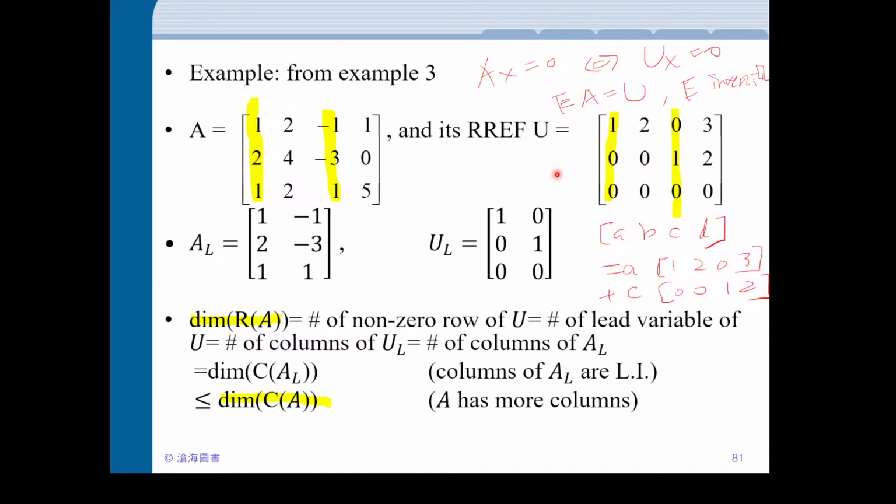So the number of lead variables is also equal to the number of columns of UL. Okay, because that's what we do. For every lead variable, we get a column from U. Okay, the number of lead variables from UL will also be the same as the number of columns of AL.